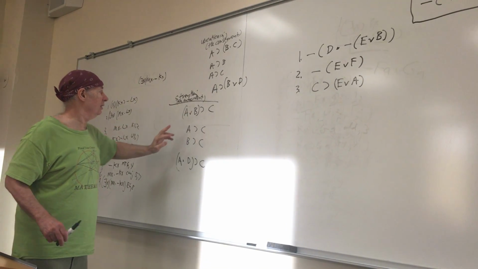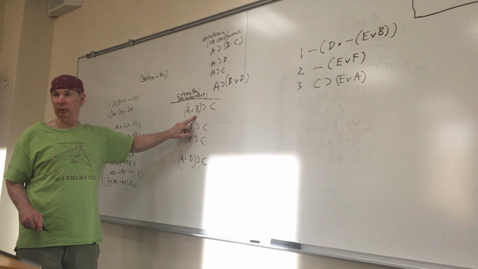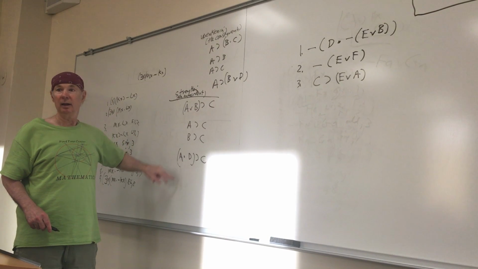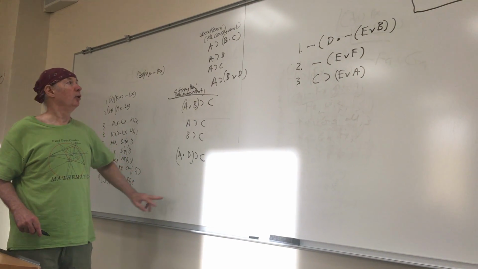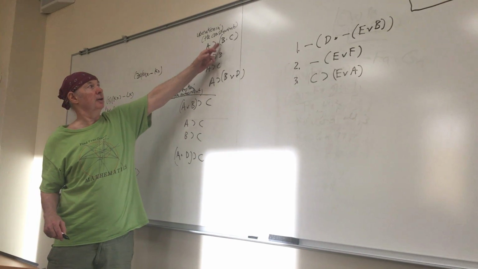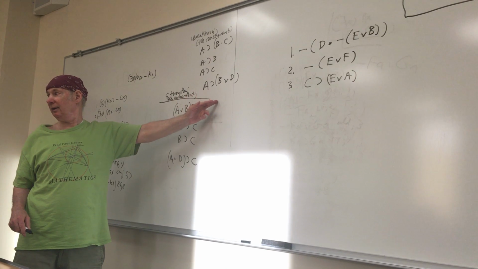As I said, as you add information to the premises of an argument, you continue to be valid. When you weaken the information in the conclusion, in the consequent of an argument, you continue to be valid.